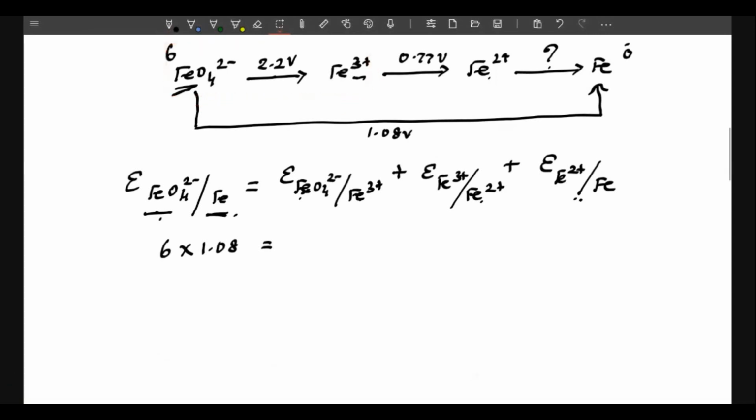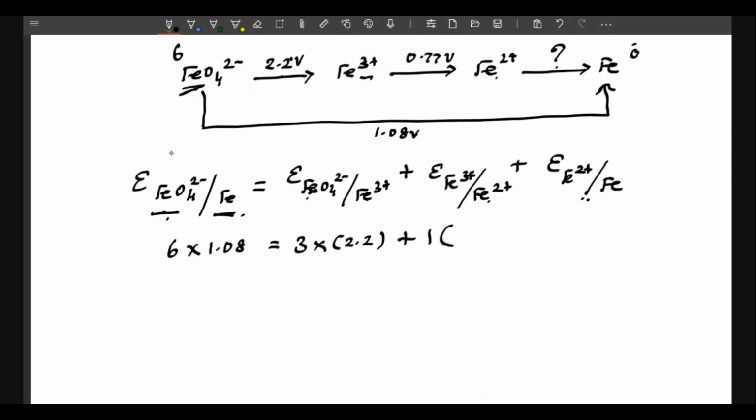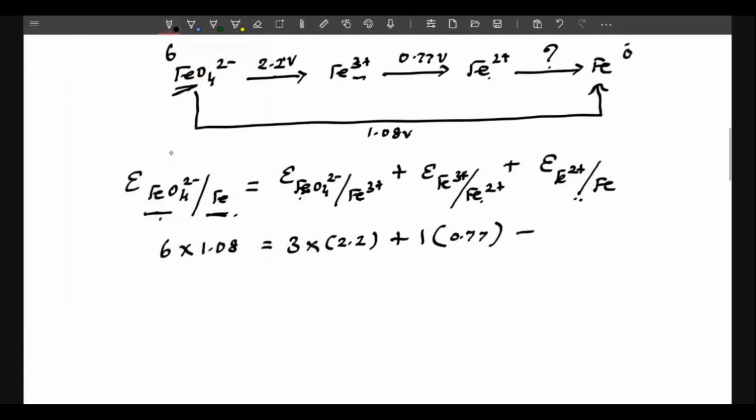It is 6 plus to 3 plus, therefore 3 electrons involved. 3 into what is the voltage? 2.2, plus how many electrons are involved in the process? 1 electron into the voltage 0.77, plus how many electrons are involved? 2 electrons. What is the voltage? That is asked. Now you have arrived at the relationship.